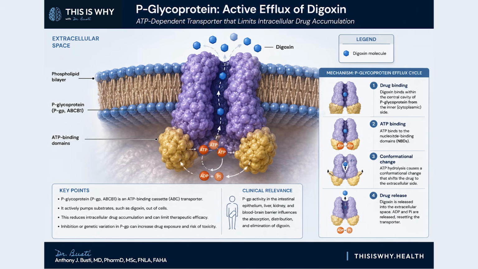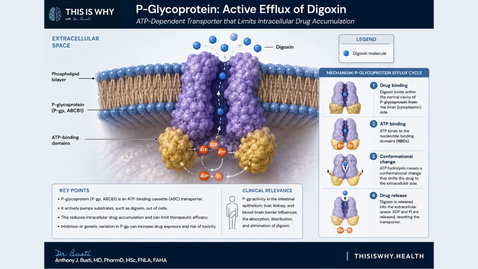Okay? That process causes a change in the shape of the transporter, also referred to as a conformational change. And what that does is it allows it to eliminate the bound digoxin into the extracellular space outside the cell.